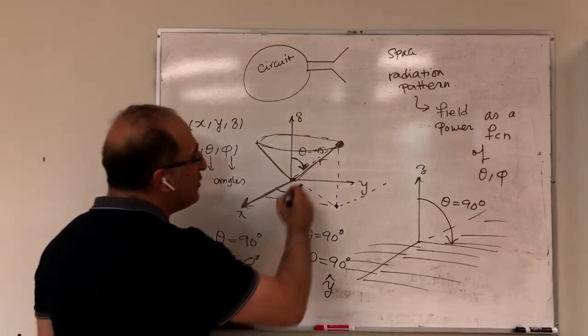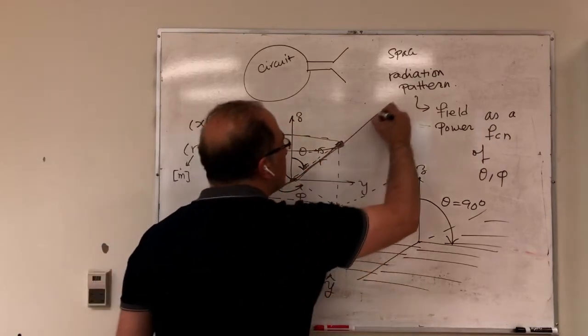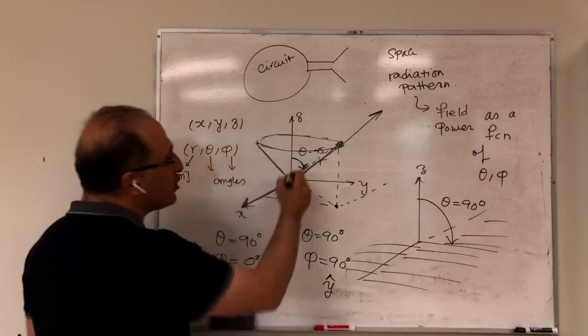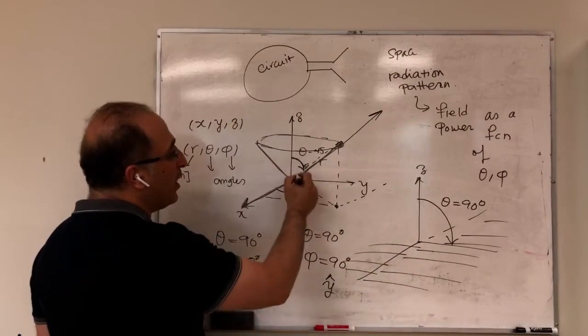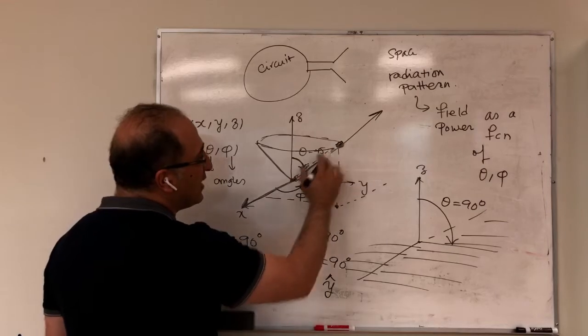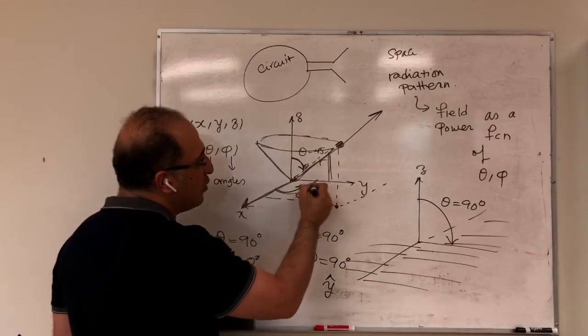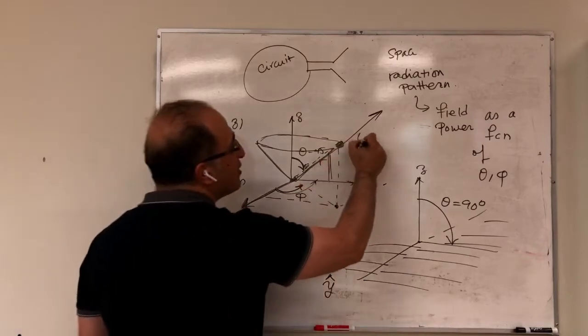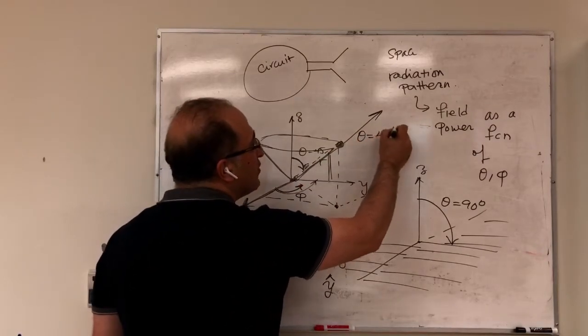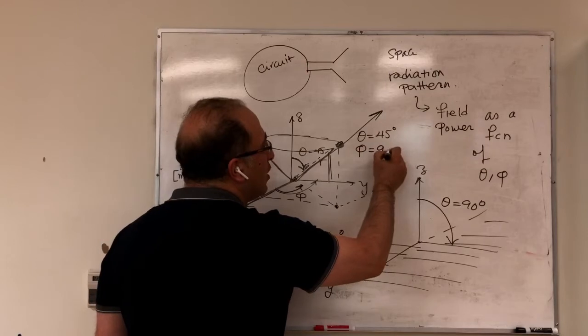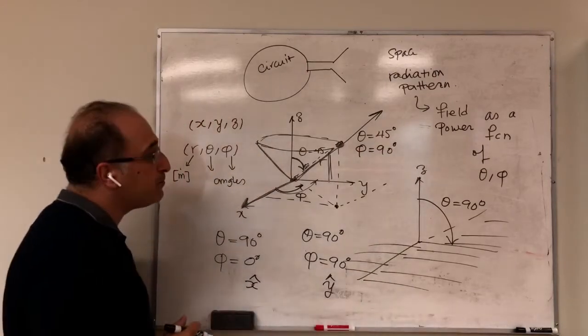But if you only want this direction, of course you want to be on theta equals 45, but you also know that this direction is on the y-axis. So phi is equal to 90 from here. So this direction would be theta equals 45 and phi equals 90 degrees.